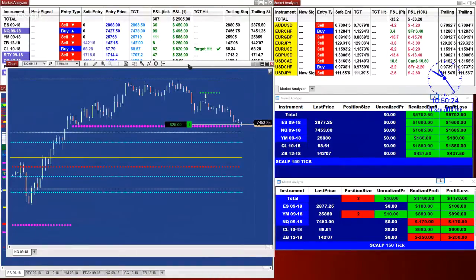It got filled on 52, and we are lifting.